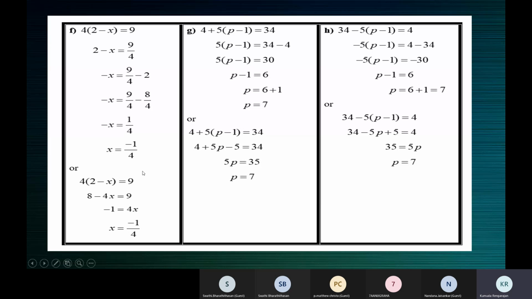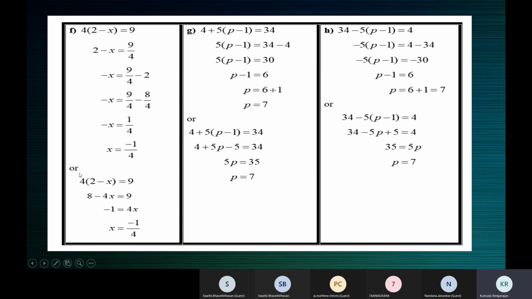Now, when you're multiplying two numbers or two variables or a variable and a number, you multiply their signs first and then the terms. When you're multiplying 4 and 2, 4 has a plus sign, 2 has a plus sign. So plus into plus, plus. You don't have to write that. 4 into 2 is 8.